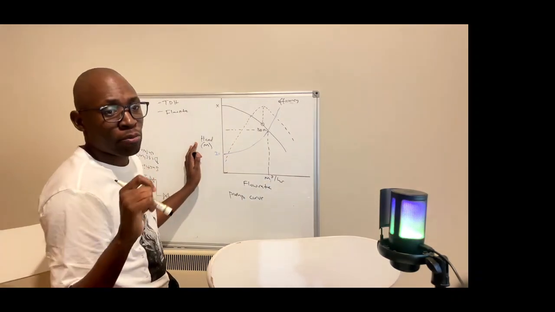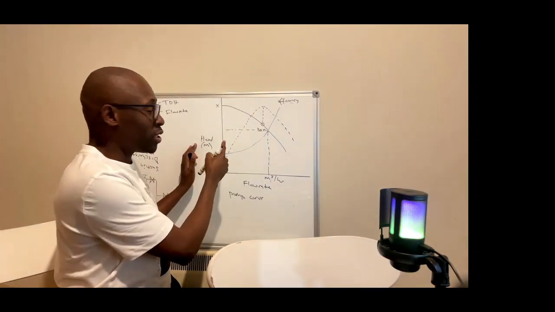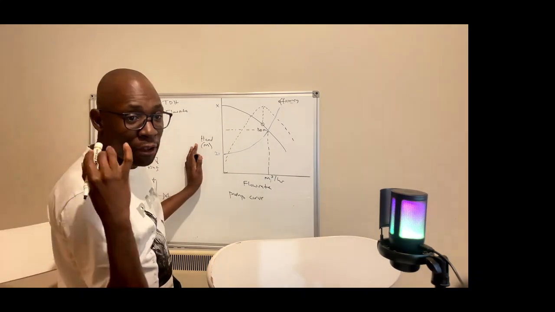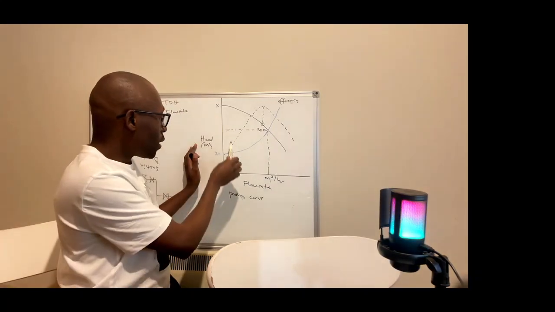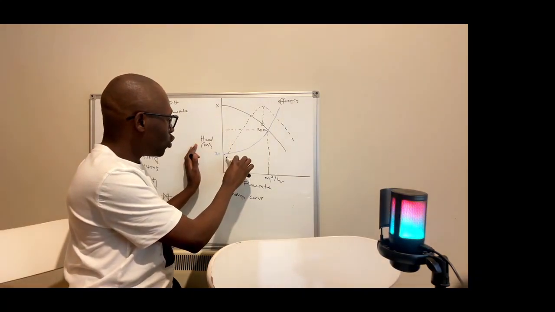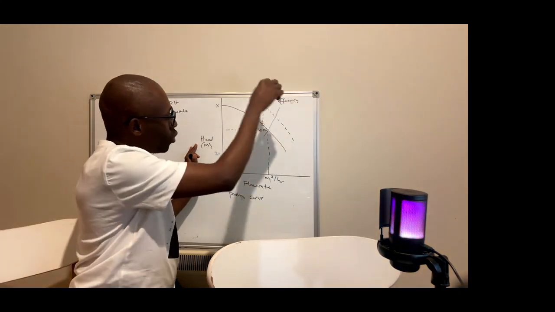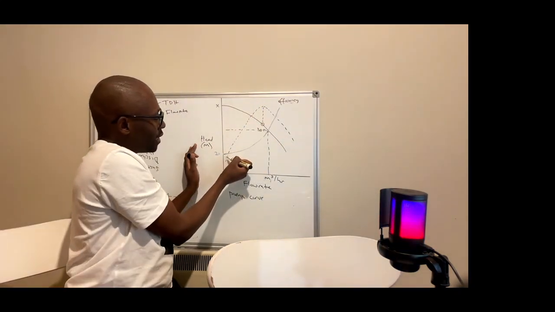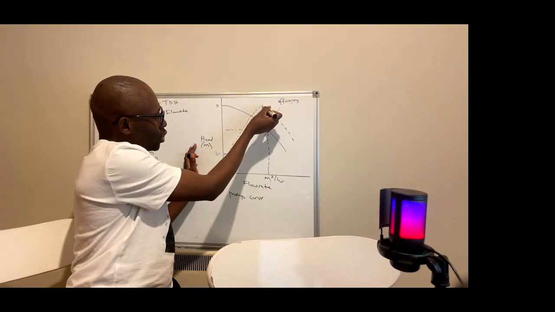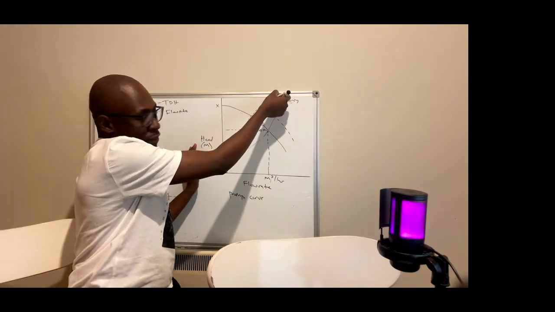That's the first thing. Then the next thing that you will see here is the efficiency curve, shown by this dotted line. The efficiency is the highest at this point, that's peak efficiency.